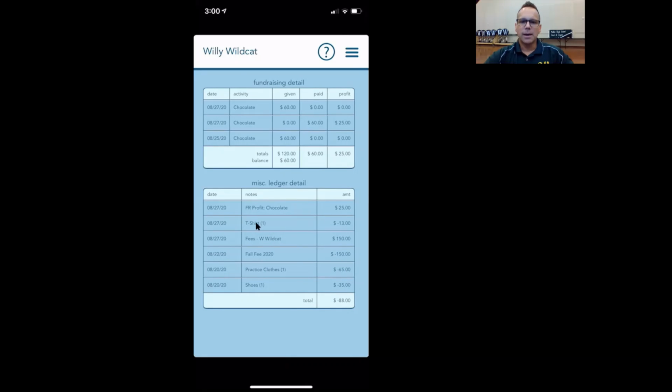And then you'll see on the 27th, a T-shirt was deducted, right? It was charged to the account. And then on the 27th, if I go back up to that fundraising detail, that's when one of those boxes was paid for, and the profit was applied on the 27th, $25. So in this, what Willie owes is $88.